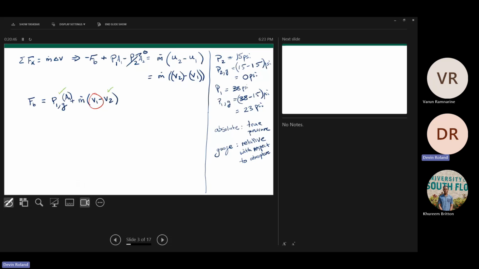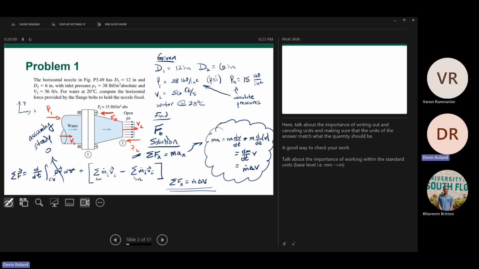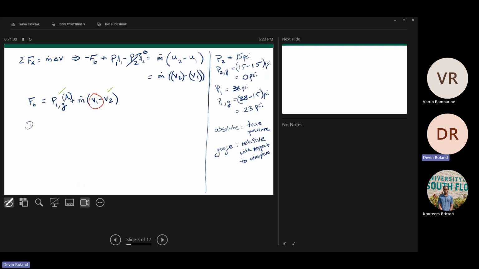We can do that by comparing the volumetric flow rates. If we set the volumetric flow rate from section 1 equal to section 2, then we can solve for V1.